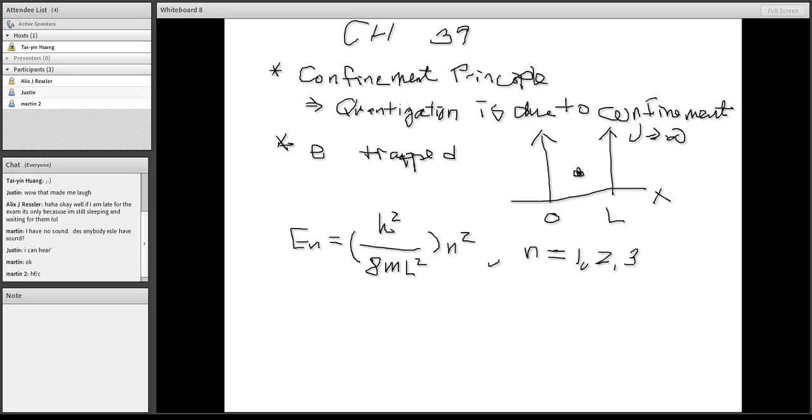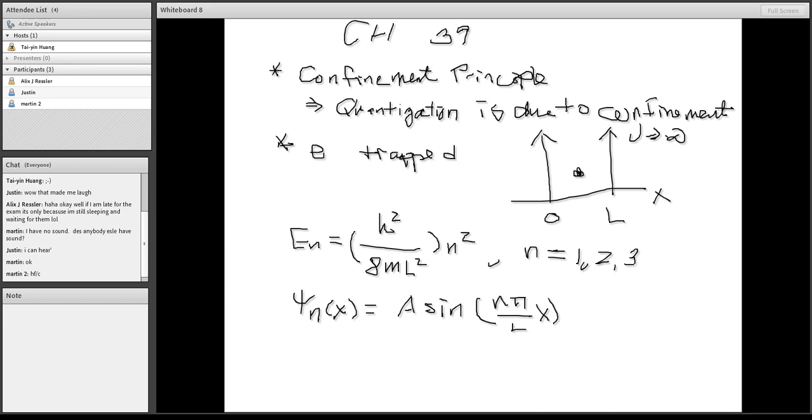Okay, and the wave function is this, which also involves the quantum number, the principal quantum number. So the wave function is A times sine, and within the argument you have n pi over L times x.